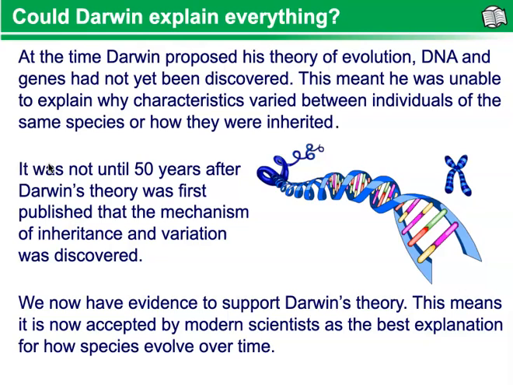It was not until 50 years after Darwin's theory was first published that this mechanism, this driving force of inheritance and variation, was discovered. And specifically, it was discovered by Gregor Mendel, who was a monk. We now have evidence to support Darwin's theory. This means it is now accepted by modern scientists as the best explanation for how species evolve over time.